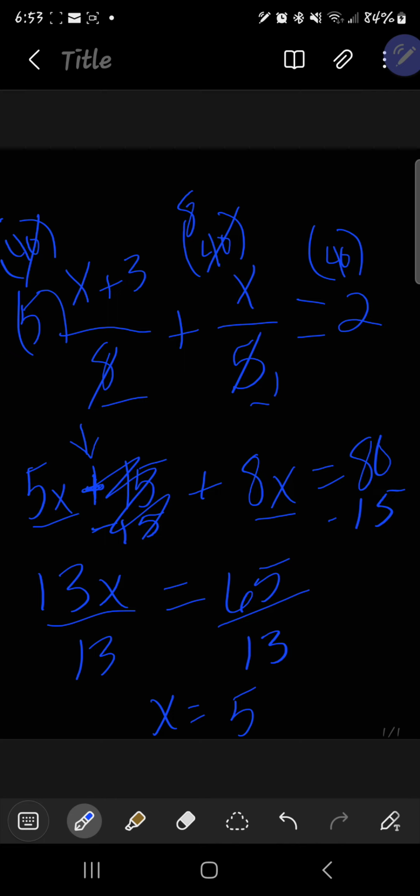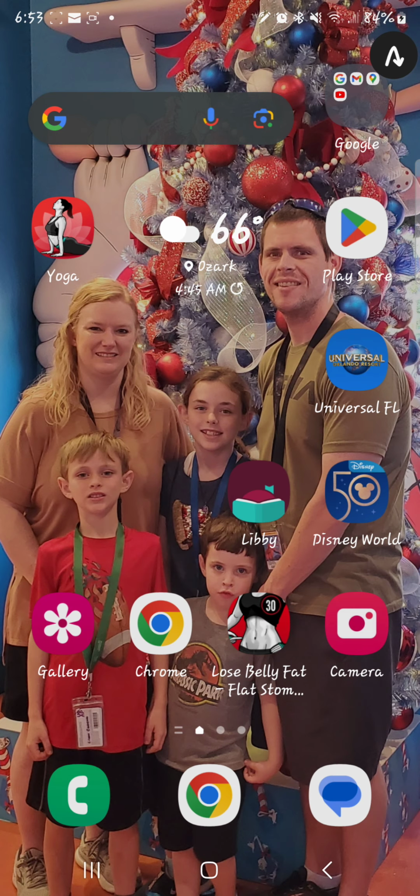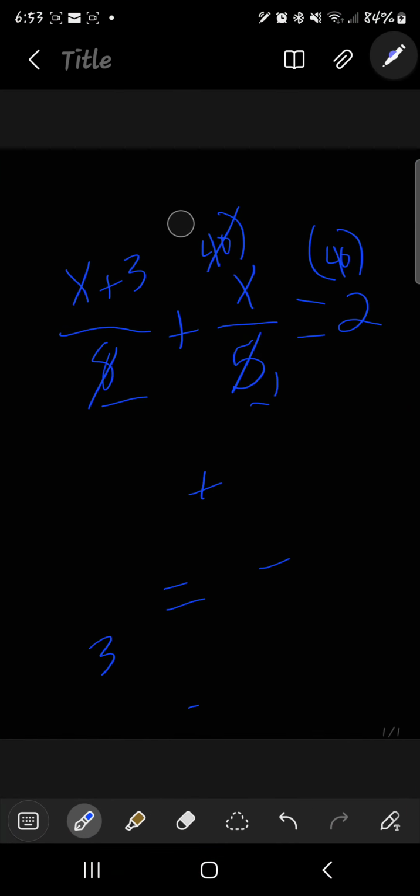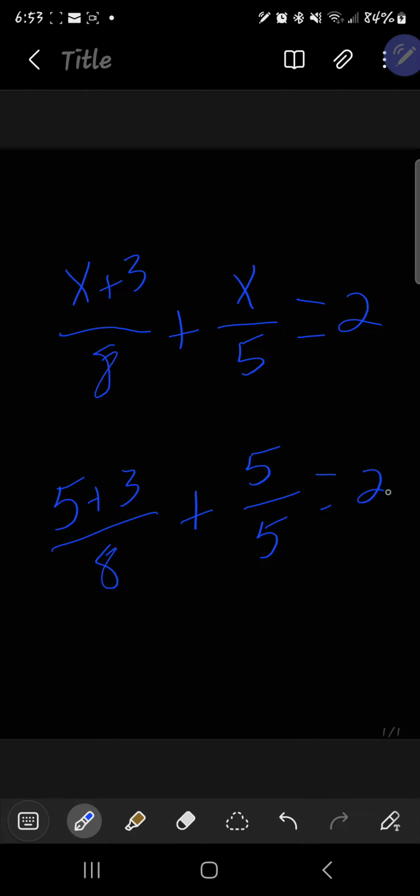So how do I check this? Well, if x equals 5, I'm just going to plug 5 in for my x up here at the top. So 5 plus 3 over 8 plus 5 over 5 equals 2.